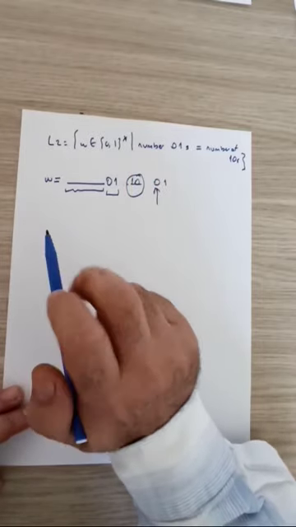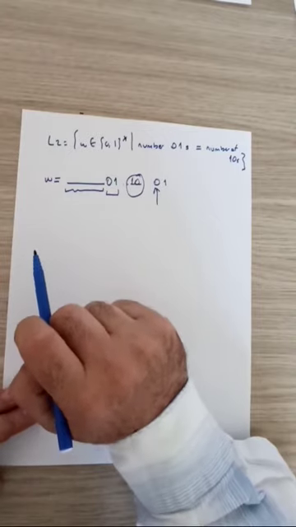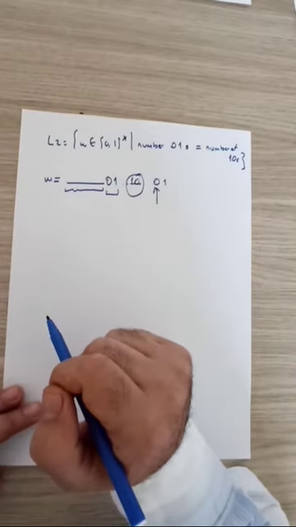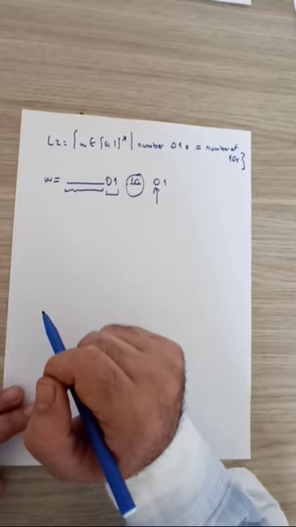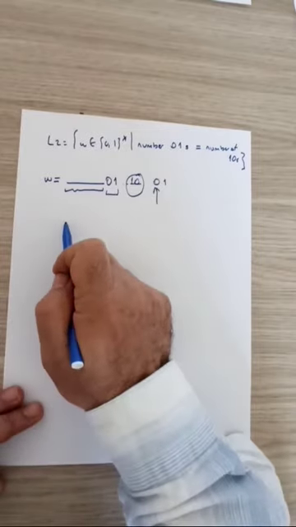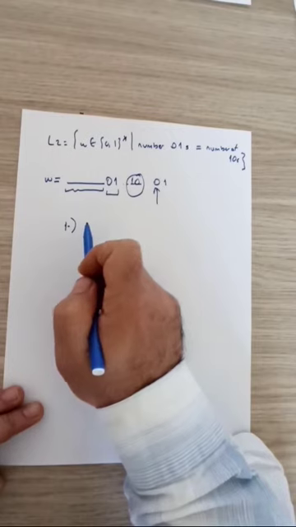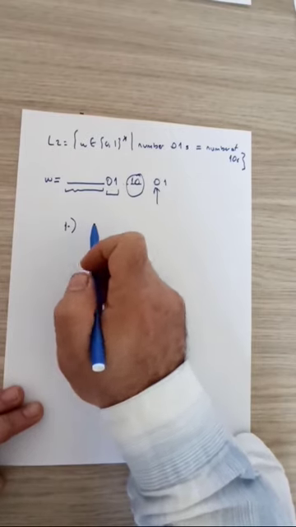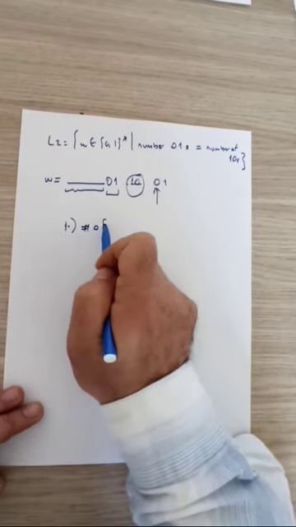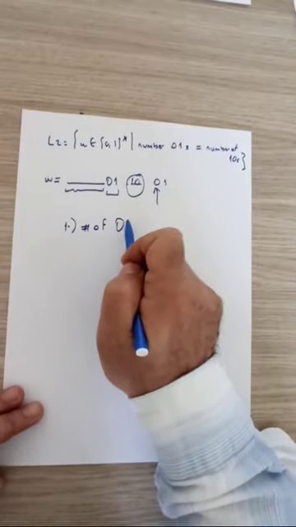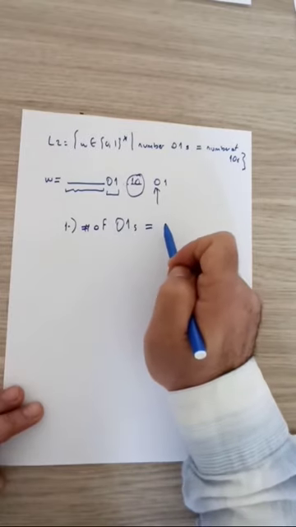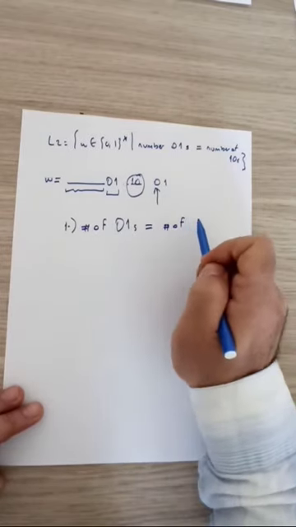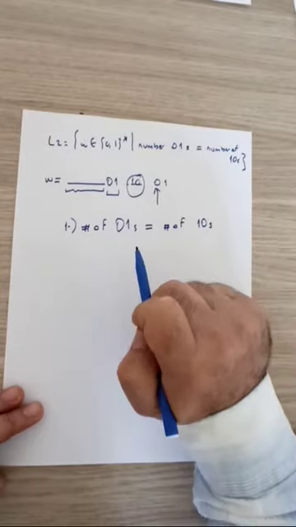This tells us the following: if we consider processing the symbols of the string W one by one, at any point during the processing, we can have one of these three cases. One, in the part of the string that we have seen so far, the number of occurrences of 0 1s might be equal to the number of occurrences of substring 1 0s.